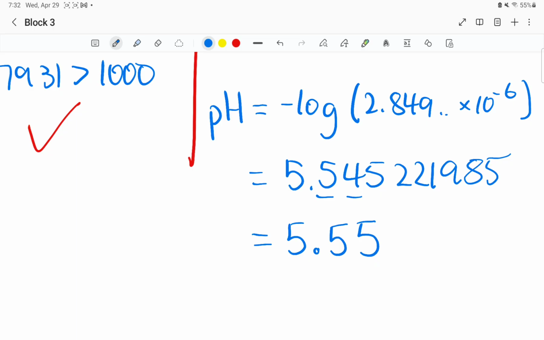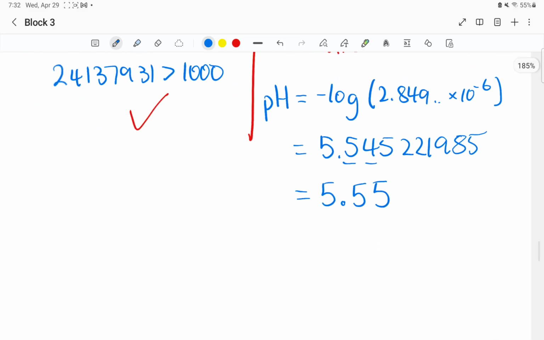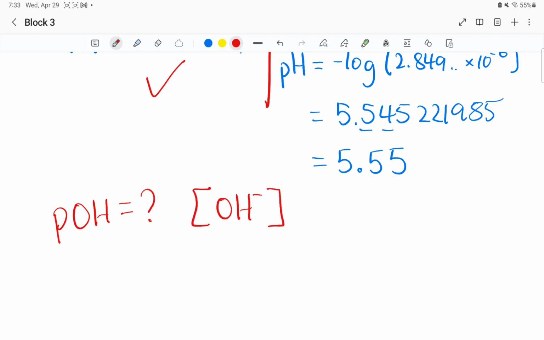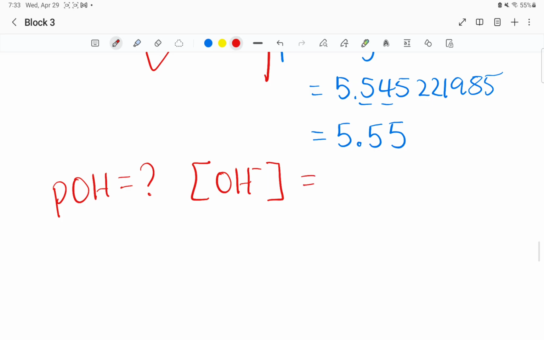Alrighty? And if you want to do a bonus question, here's the bonus. I would like you to find the pOH of the solution and also the hydroxide ion concentration.